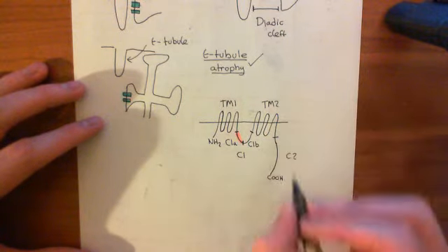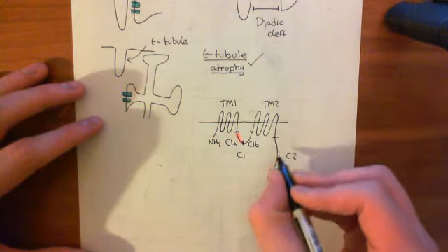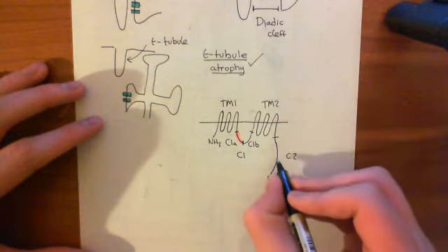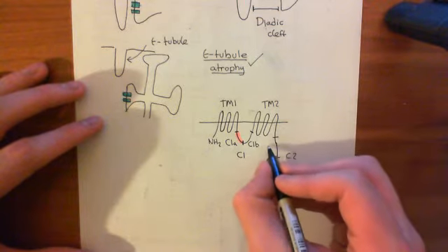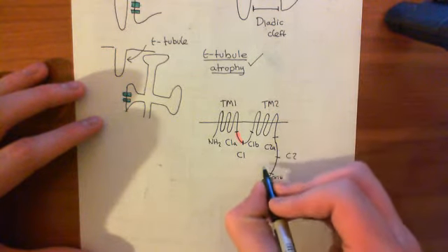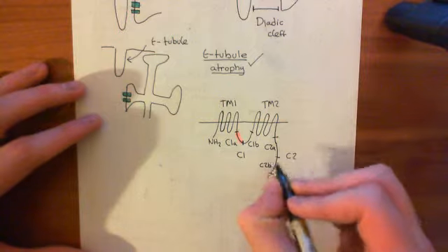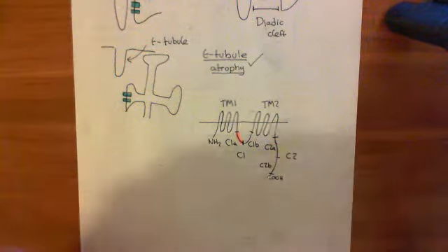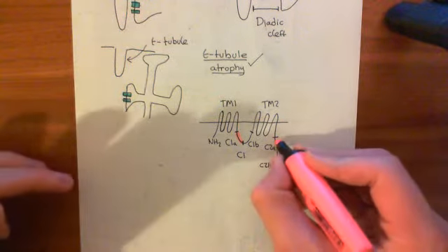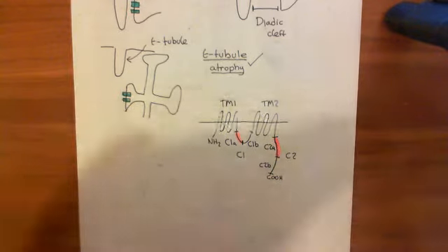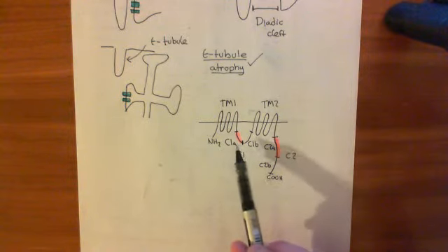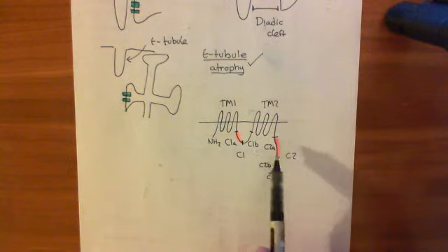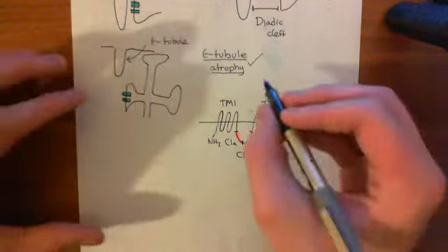This portion close to the C terminus is called C2, and it can be divided into two portions, C2a and C2b. C2a is the portion closer to transmembrane region 2. I'll highlight this in red. C1a and C2a are very important regions because those are the portions which will dimerize together in order to make the active adenylyl cyclase enzyme.